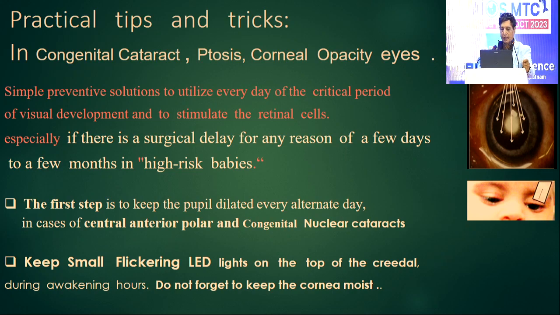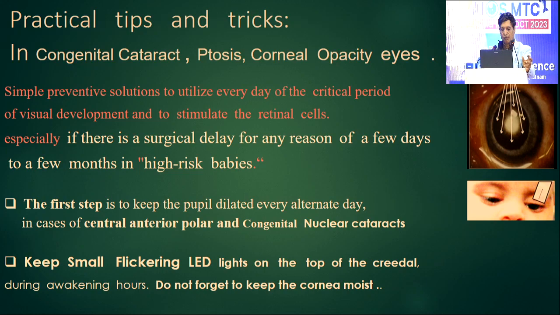If there is a surgical delay, which usually happens for any reason, of a few days or few months in high risk babies, the first step is to keep the pupil dilated every alternate day in cases of central, anterior polar and congenital nuclear cataracts.